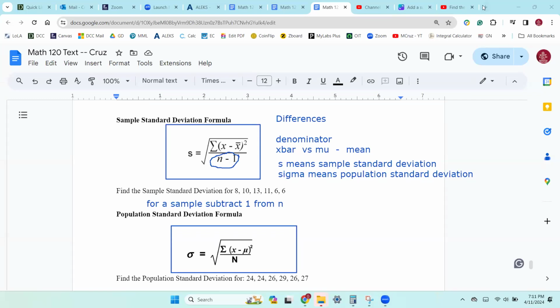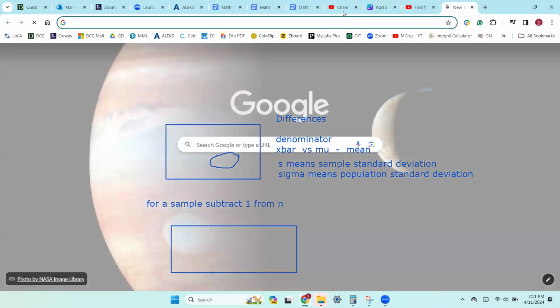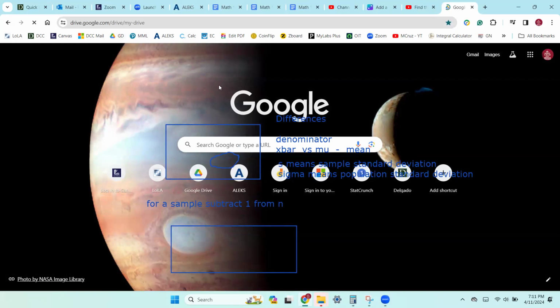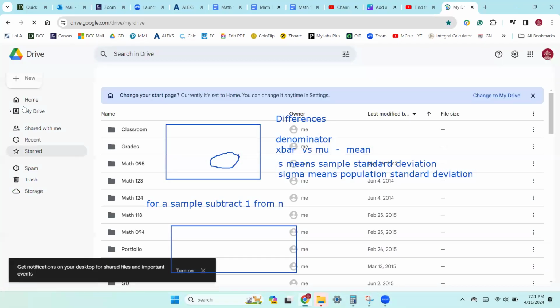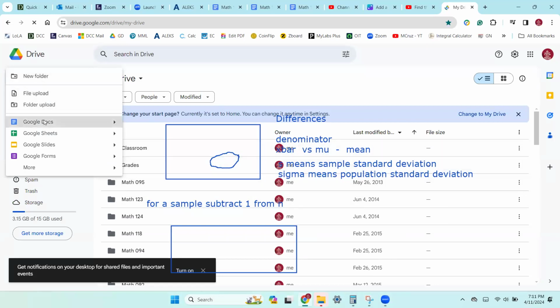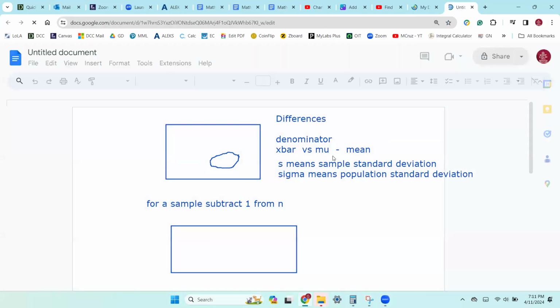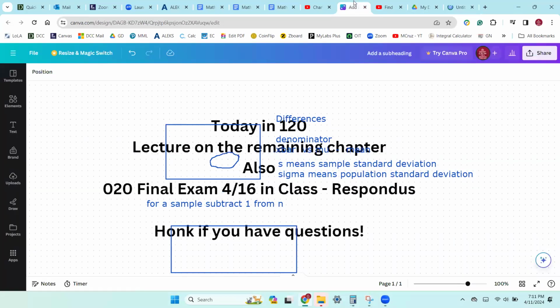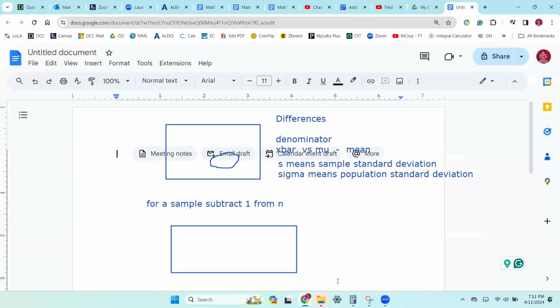Because the Google board's going away, let's see if I can just go into Google Documents and open up a blank page, because I just want a white screen. Anyway, I'll just use this.